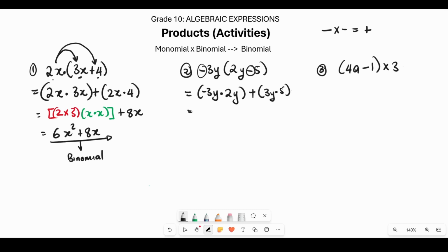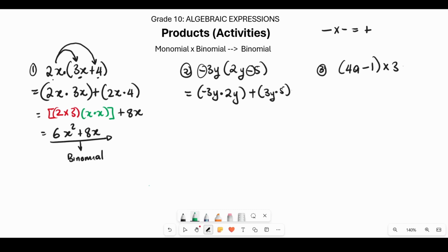Or you can write it like this. It's still okay. It might be that the question is ringing in your head that the 5 is negative though. What happens in this case? You can still say 3 multiply that. This will still multiply this. The negative here will multiply the negative here, therefore giving you a positive. So either way, as long as you understand the signs, it's not going to be a problem.